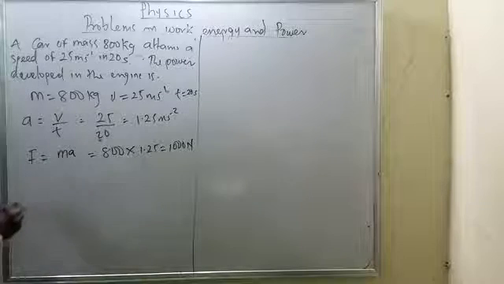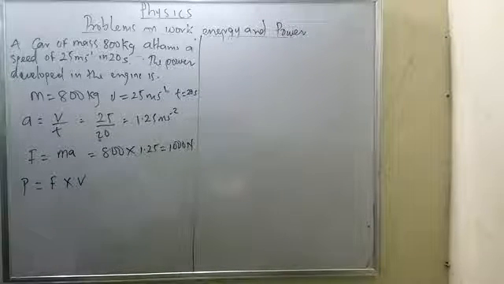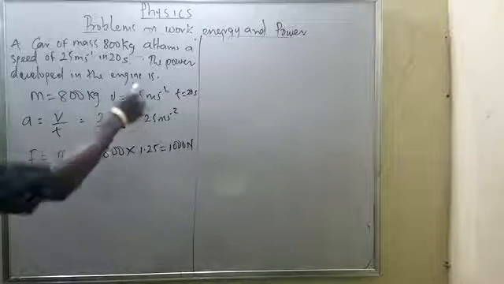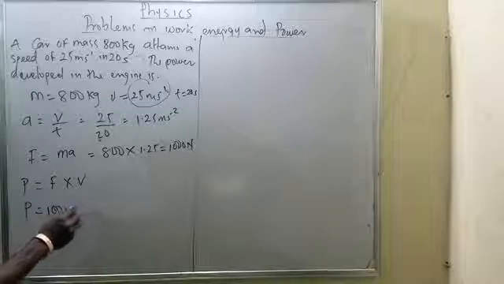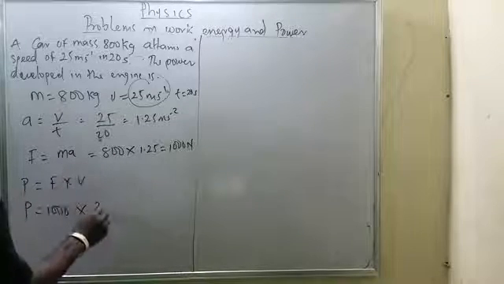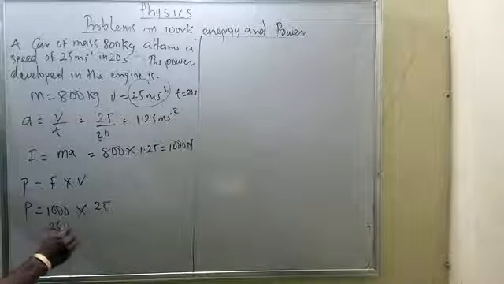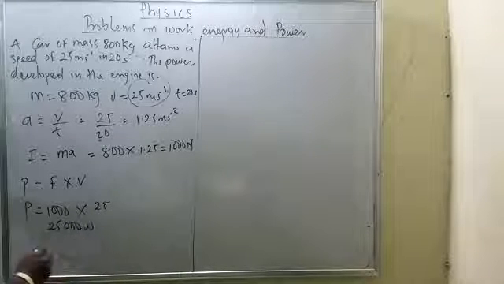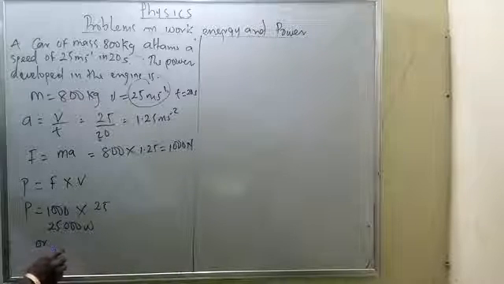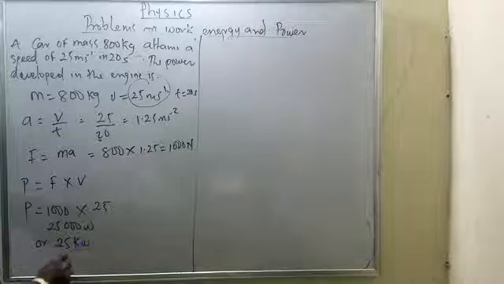Now with this, my power will be equal to force multiplied by velocity. We all know that velocity is already available. My power will now be equal to 1000 Newton multiplied by velocity, 25, which I'll be having 25,000 watts, or I can say 25 kilowatts.